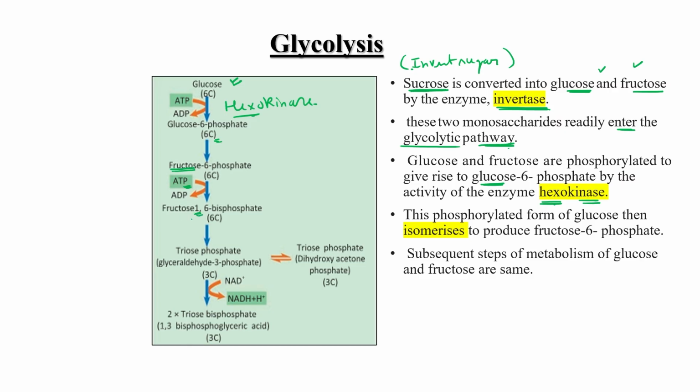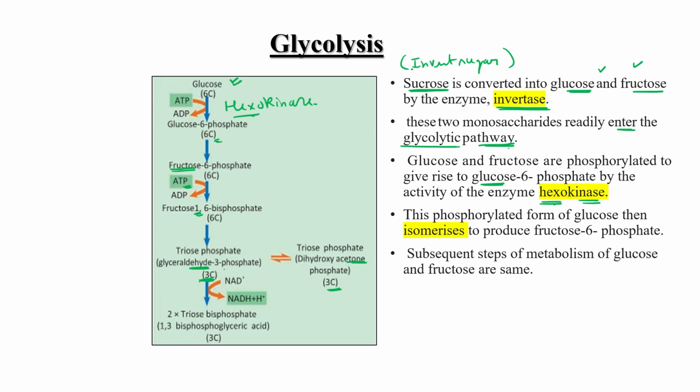That's why it is written over here fructose 6-phosphate to fructose 1,6-bisphosphate. Okay, and then fructose 1,6-bisphosphate converts into 2 molecules of 3 carbon compounds, that is glyceraldehyde 3-phosphate, which is an aldehyde, and another, a ketone, dihydroxyacetone phosphate. This is 3 carbon and this one is again 3 carbon.